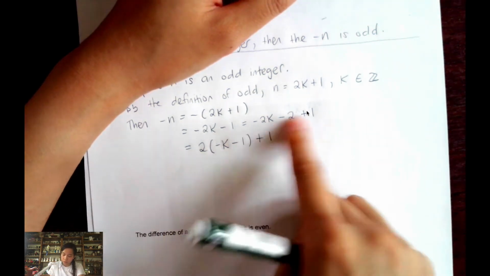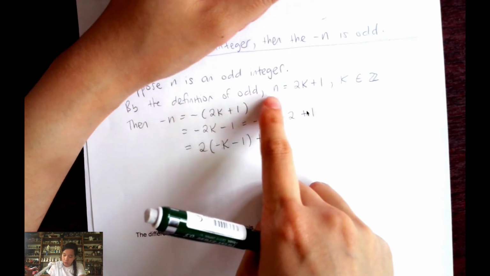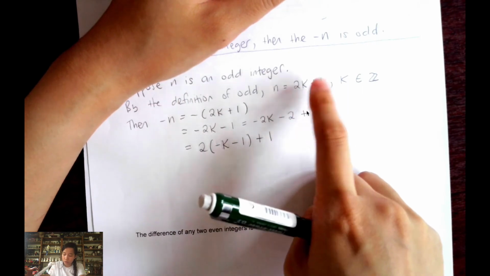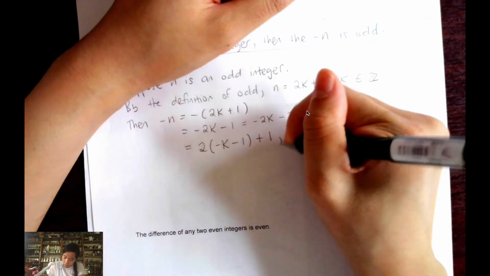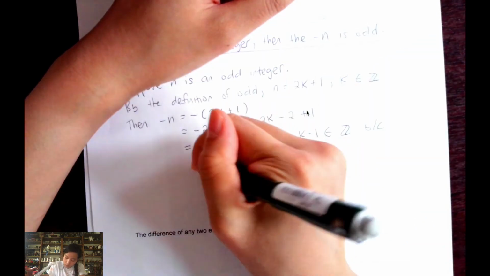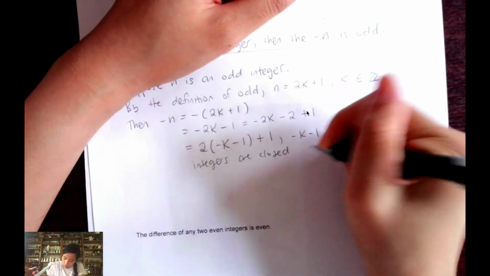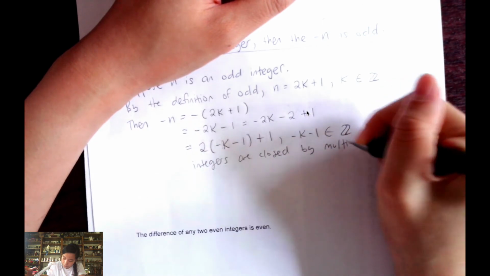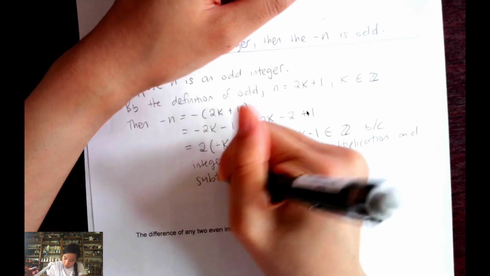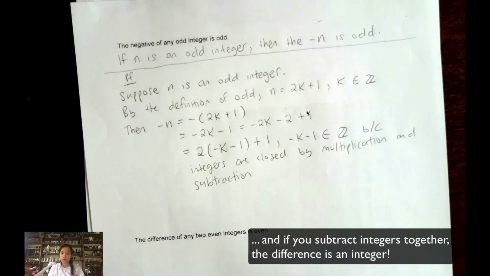And I knew to do this because we're trying to prove that negative n is odd, and the definition of odd says it's some number that could be represented in the form 2 times an integer plus 1. So negative k minus 1 is an integer because integers are closed by multiplication and subtraction, meaning if you multiply integers together, the product is an integer.